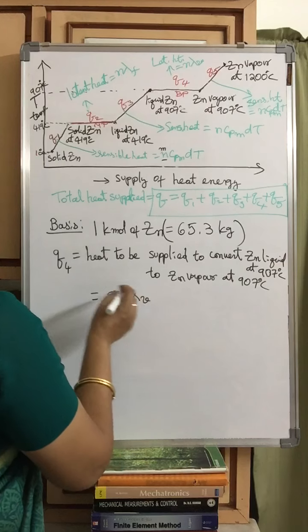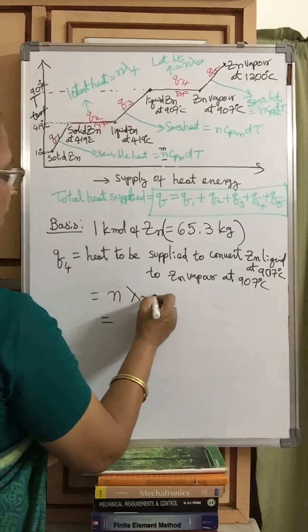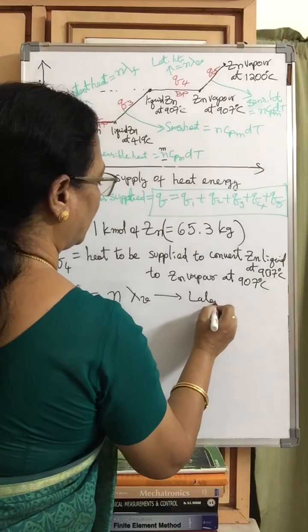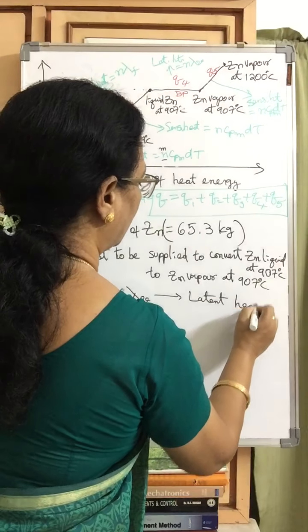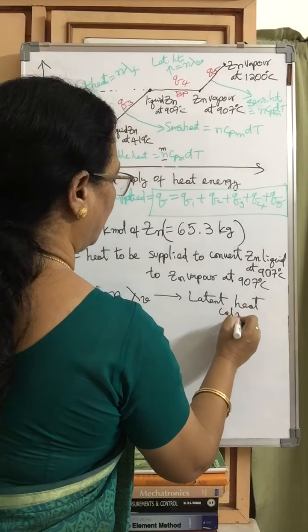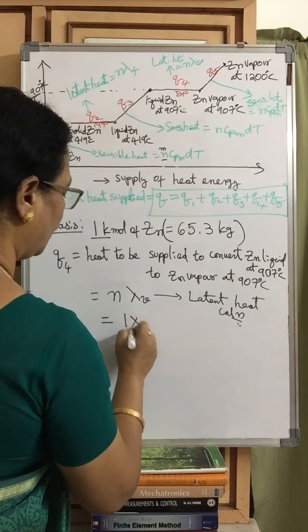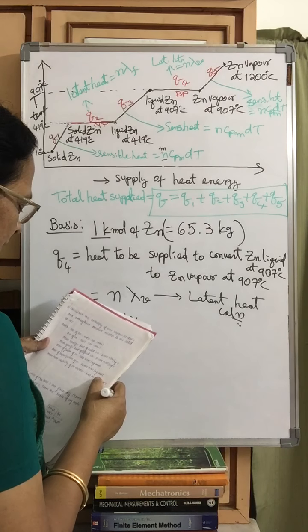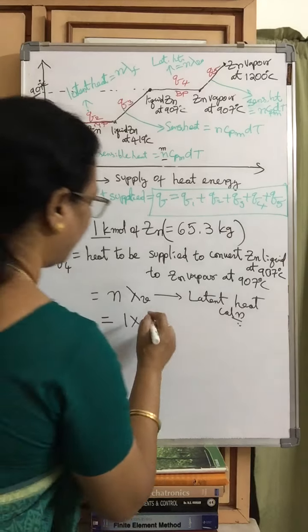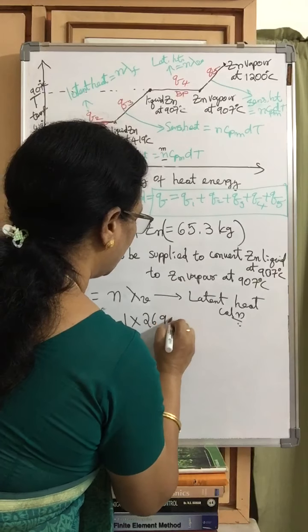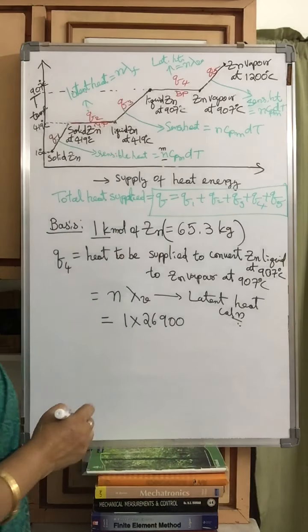So here N is for the latent heat calculation. N is 1 kilomole into the lambda V value of 26,900.